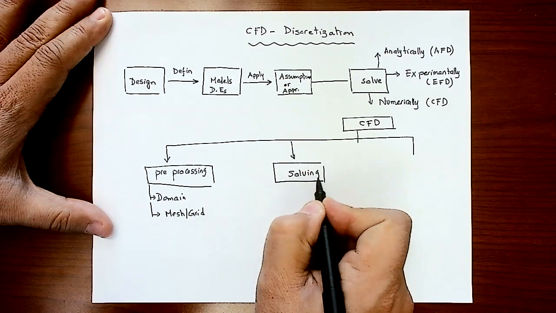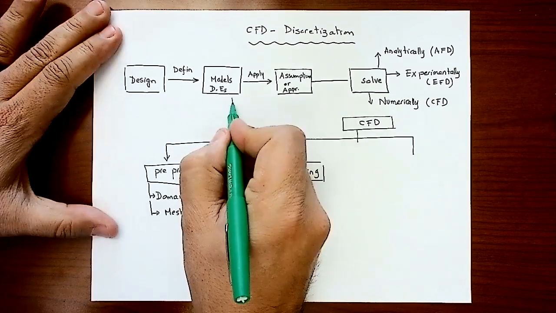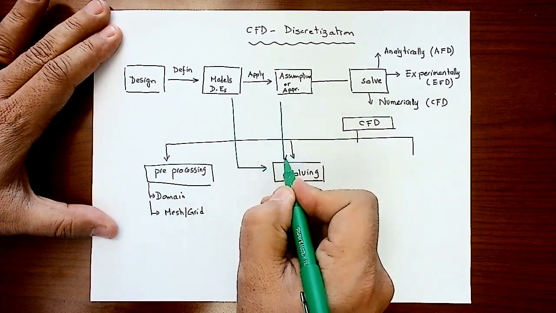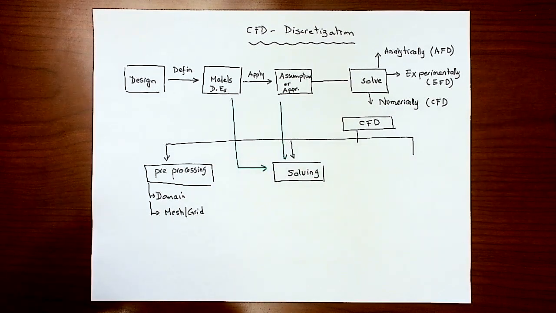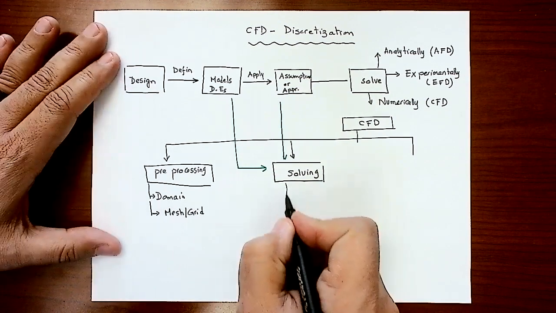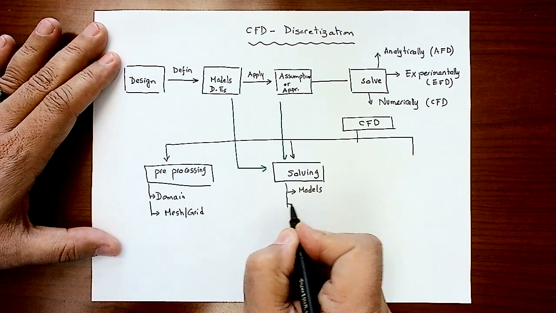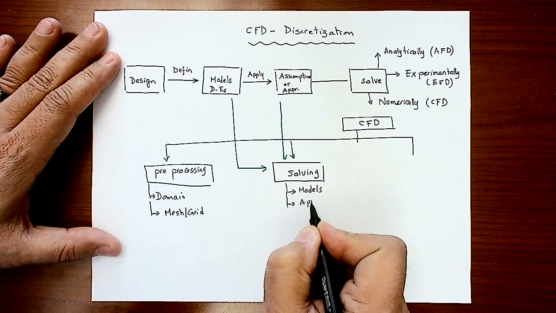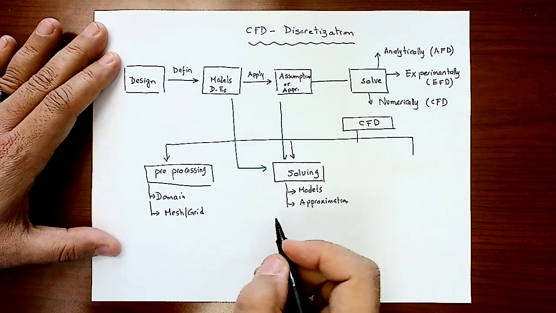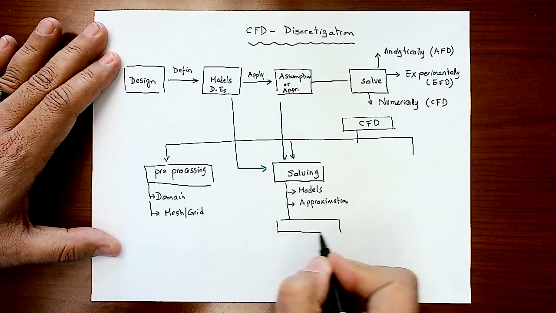To do the solving, you have to feed in the models that you selected, and you also apply the approximation or the assumptions for that model to be able to solve that, right? So you collect your models, you apply the approximations, then your next major step is to do the discretization.